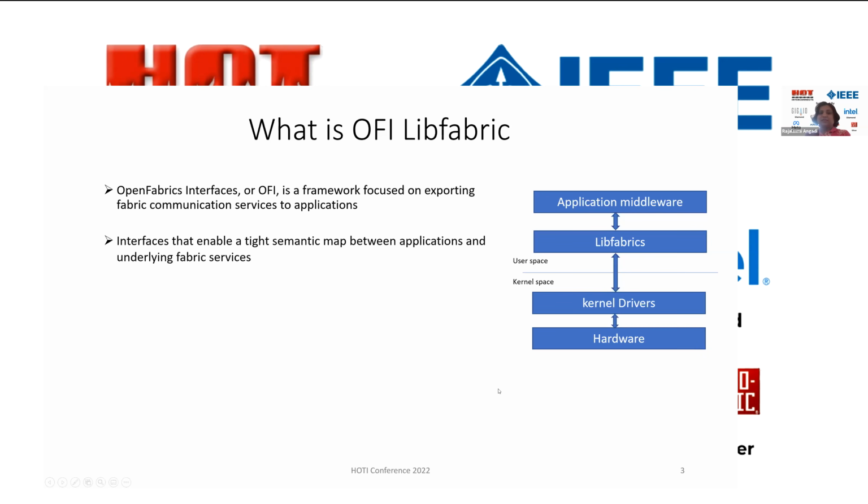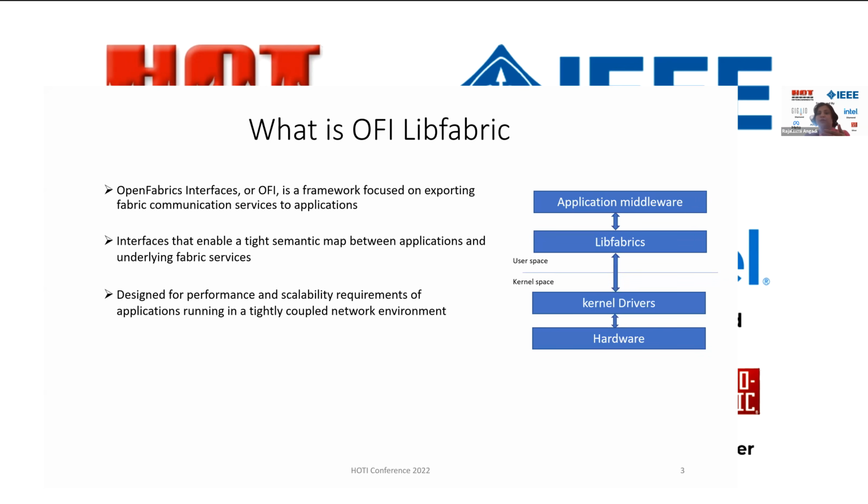Libfabric provides that tight semantic map between the application and the underlying Fabric services. Libfabric is also designed for the performance and scalability requirements of applications that are running in a tightly coupled network environment.